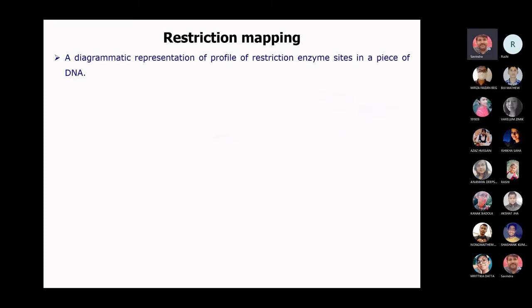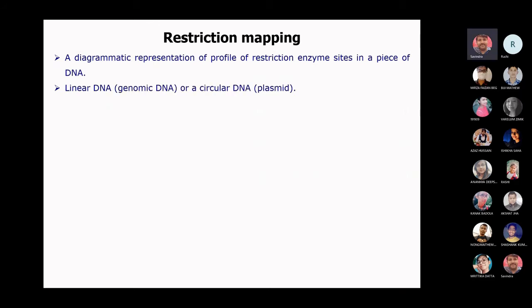Actually, restriction map is a diagrammatic representation of profile of restriction enzyme site in a piece of DNA. If you draw a DNA in the form of a line, and you mark those parts where you can assume the restriction sites will be, it is a diagrammatic representation of DNA along with its restriction sites.